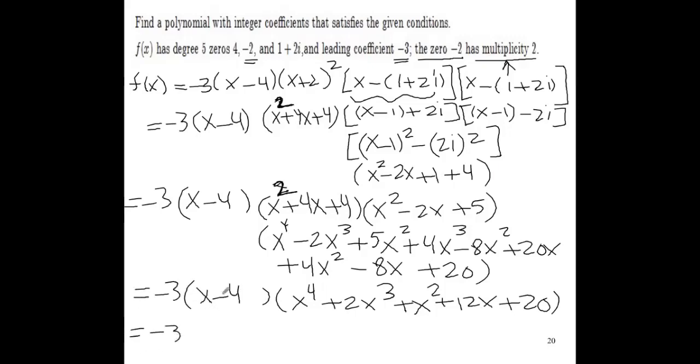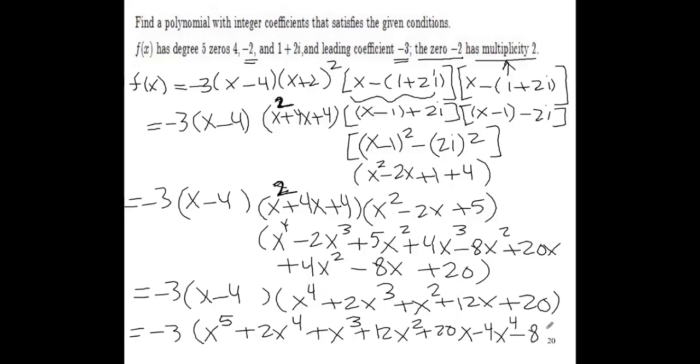So I'm going to go ahead and multiply this binomial by the last polynomial here. So that would be x to the power of 5 plus 2x to the power of 4 plus x to the power of 3 plus 12x to the power of 2 plus 20x minus 4x to the power of 4 minus 8x to the power of 3.